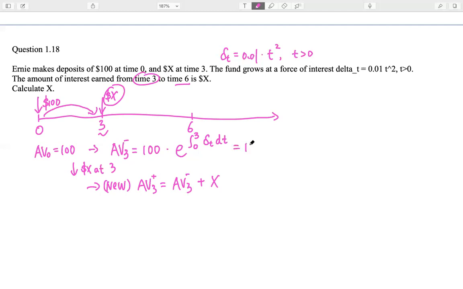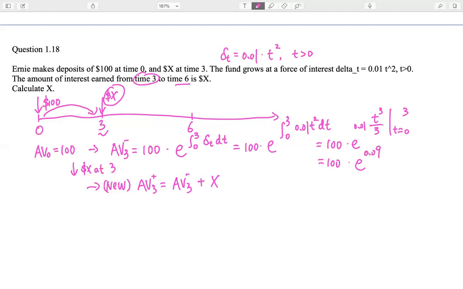If you want, you can do the calculation. From 0 to 3, of 0.01 t squared, so here, when you have a power function, the power goes up by 1, and you need to divide by the same power, 0.01 t cubed from 0 to 3. It's easy to see that the 0 will give me 0. So it's 27 over 3, so it's 0.09.